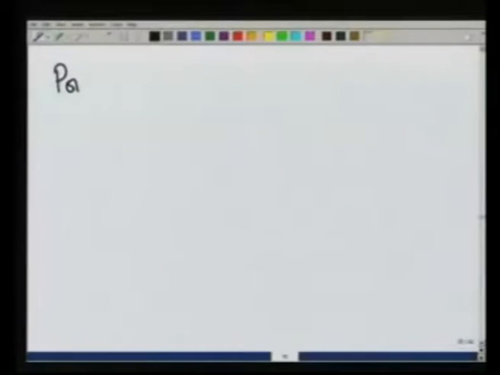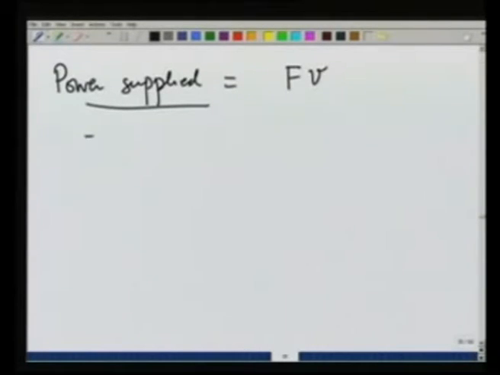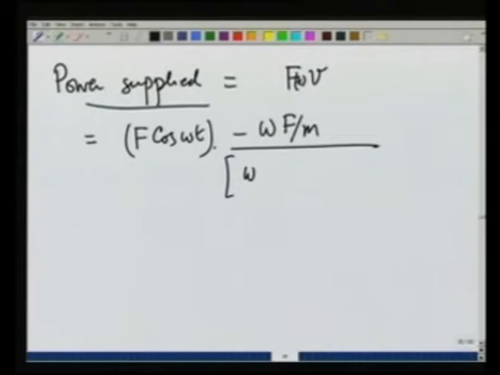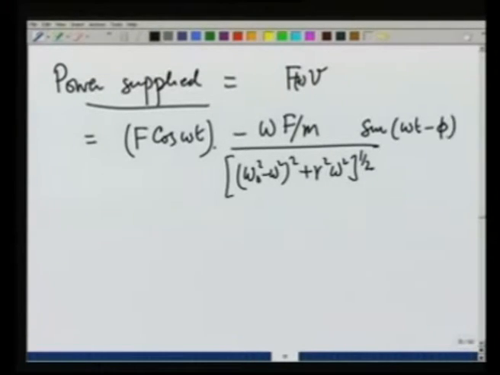Power supplied is going to be equal to the force applied times the velocity, and this is going to be equal to f cosine of omega t. Remember, force is changing with time. Let me write this f t. Velocity is minus omega f over m divided by omega naught square minus omega square plus gamma square omega square, to the power 1/2, times sine of omega t minus phi.